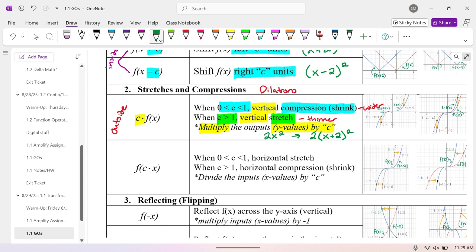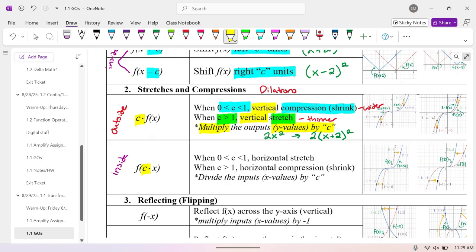All right. Now, horizontal dilations, that's where it's inside our brackets. So very similar to vertical, but instead of multiplying it outside of our brackets, we're multiplying that c inside our brackets. Now, I like to say that vertical and horizontal are the opposite of each other.